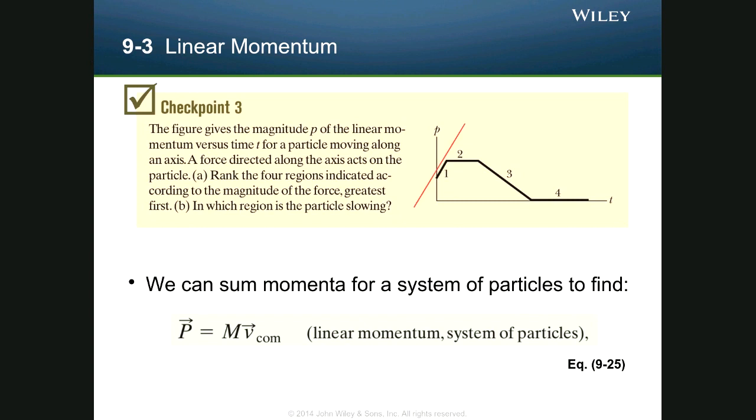So that's parallel there. And now we can look at another line here. When I make the lines bigger, I think it's a little easier to see that the slope of 1 is going to be greater than the slope of 3. All right?